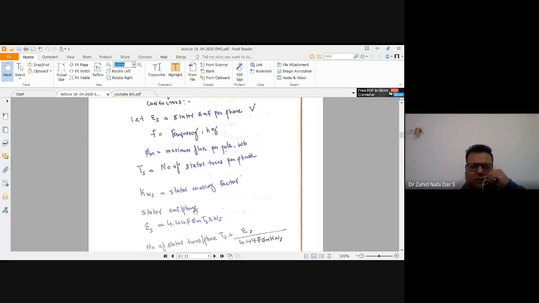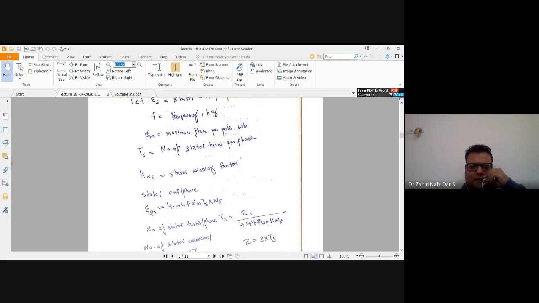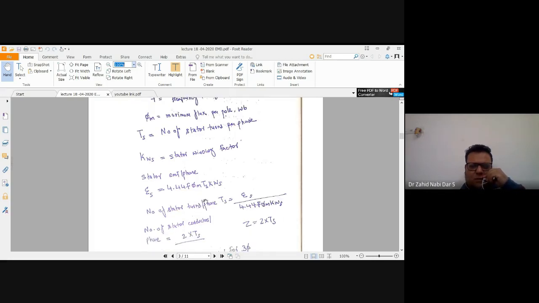So your stator emf per phase is ES equal to 4.44 f phi m Ts Kws. The only difference here is the stator winding factor, whereas in the transformer it was not there. So the number of stator turns per phase Ts would be ES divided by 4.44 f phi m and your stator winding factor Kws. Now this Ts is one turn.